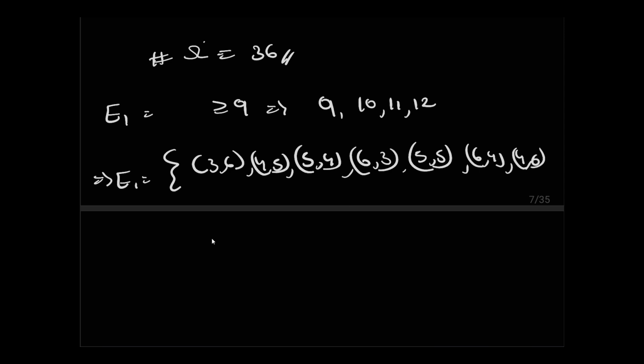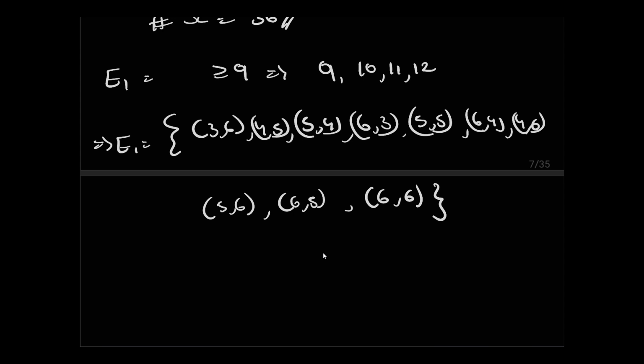Similarly for 11 it is only 5 comma 6 and 6 comma 5, and for 12 it will be only 6 comma 6. So the event E1 will be this, and the cardinality of E1 will be 1, 2, 3, 4, 5, 6, 7, 8, 9, 10.